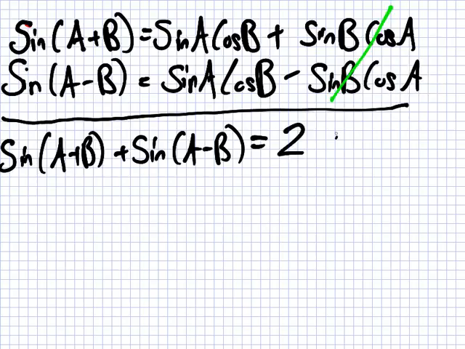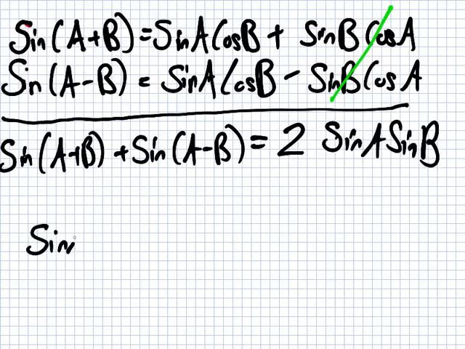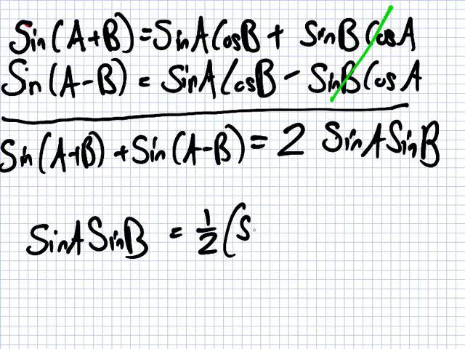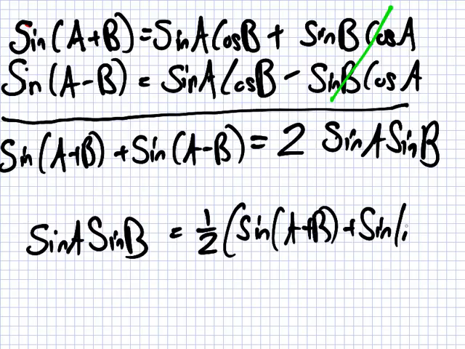So you get 2 sine A sine B. Or rather, you could say sine A times sine B is equal to a half sine A plus B plus sine A minus B. Now, I don't expect you to remember this formula. It's not in the formula book, and I don't remember this formula.